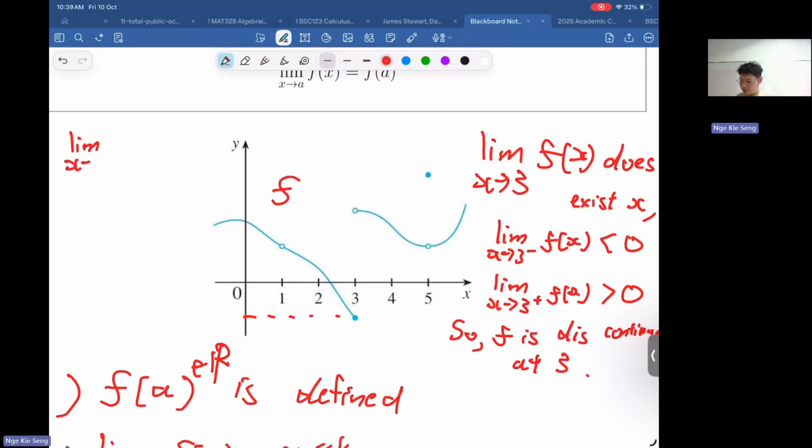Let's look at another point. This was the first one; let's do the second one. How about the limit as x goes to 1 of f(x)? Does the limit exist or not? It's connected somewhere greater than 0. But can you get what f(1) is? Does f(1) exist or not?